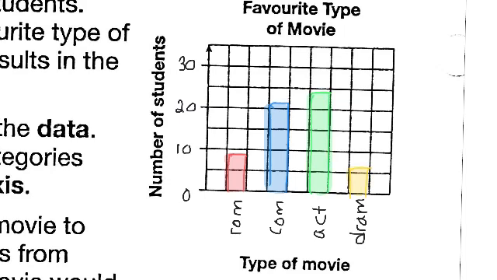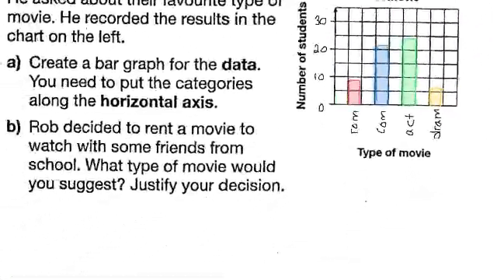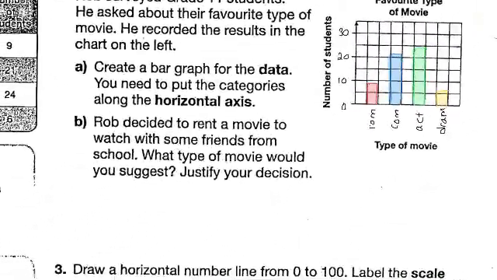All right. So once you've got that filled in, now we can answer our question based upon the information that we drew in the bar graph here. So it says that Rob decided to rent a movie to watch with some friends after school. Which type of movie would you suggest based upon the information that's here in this bar graph?